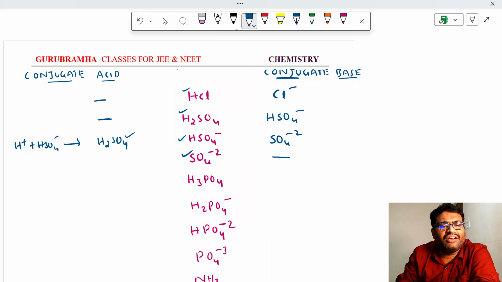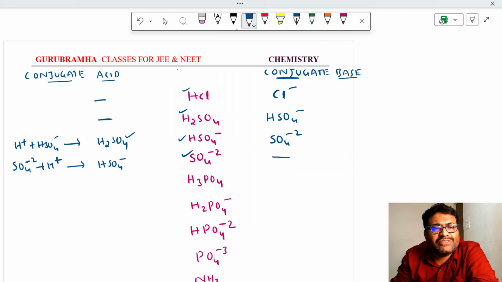Add one H plus to SO4 minus 2. See the charge: here it is minus 2, here it is plus 1. So overall, plus 1 minus 2 gives you minus 1. Are you getting this? So the conjugate acid of SO4 minus 2 is HSO4 minus.